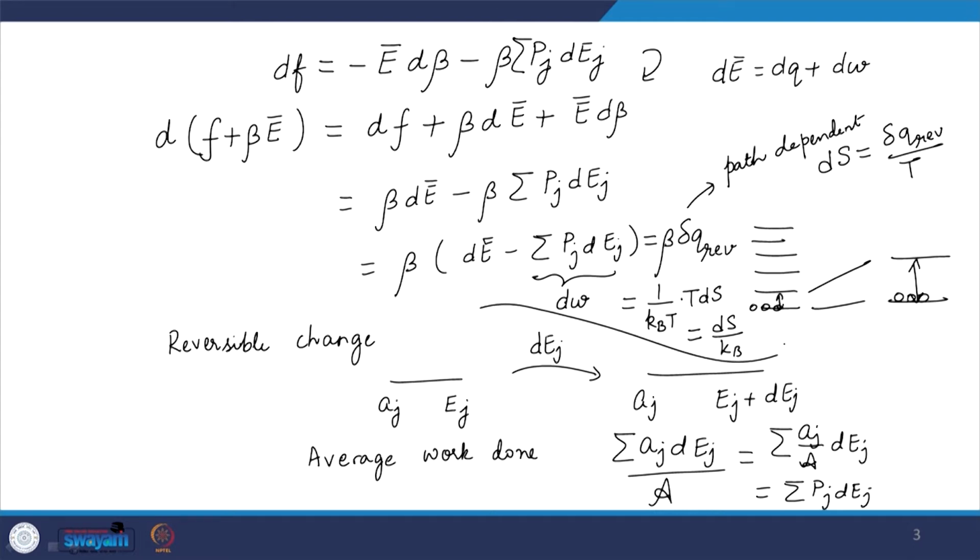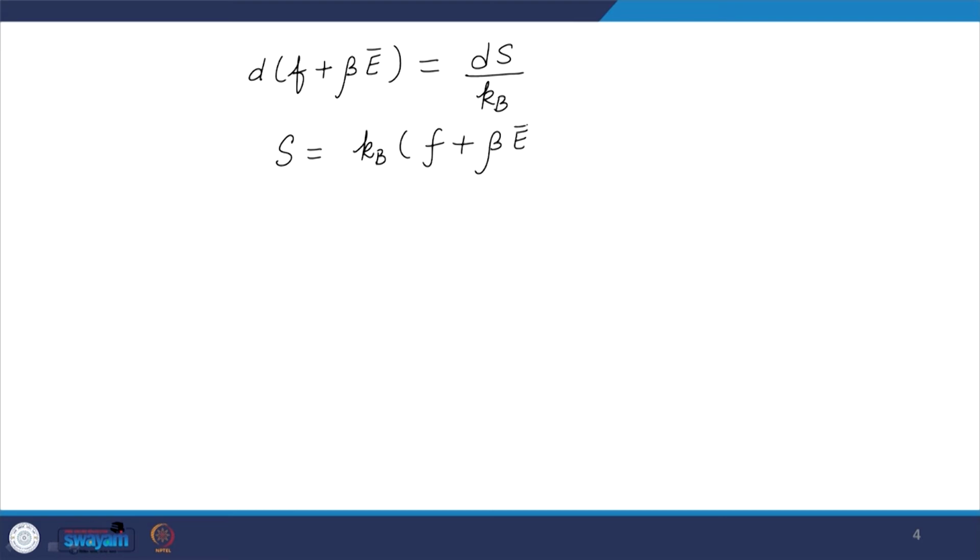Therefore, I can write d of f plus beta E bar is equal to dS by kB, or in other words S is kB multiplied with f plus beta E bar.